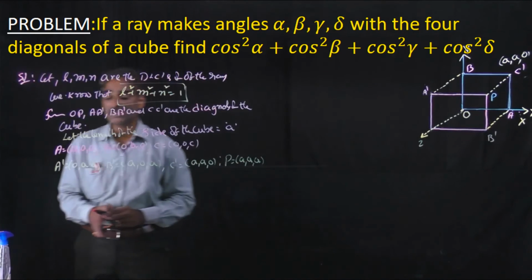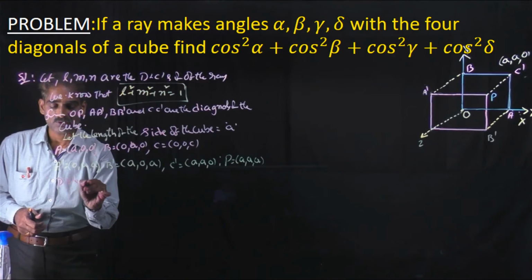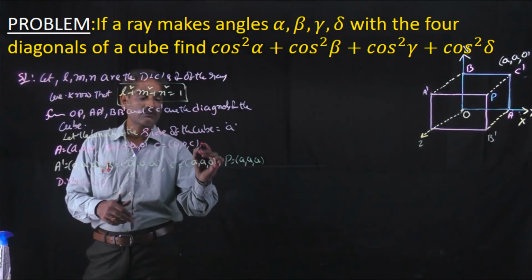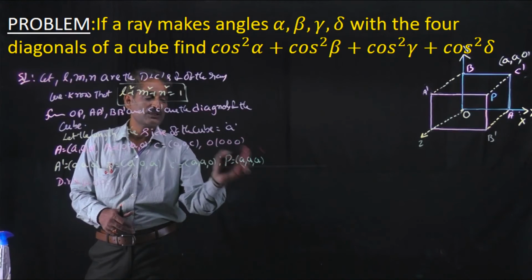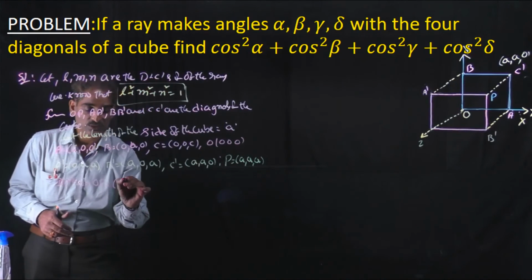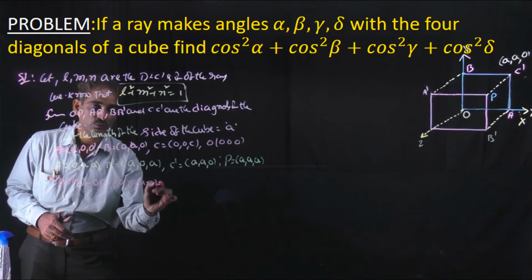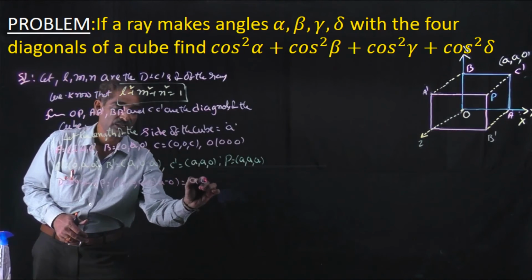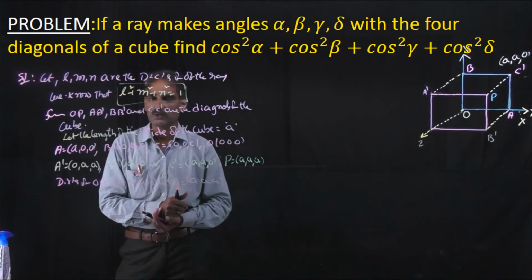Now write down the DRs of all the diagonals. Directly you can write the DRs of OP. DRs of OP: O means 0, 0, 0, and P means A, A, A. So A minus 0, A minus 0, A minus 0 are the DRs. That means A, A, A. Now find out the DCs of OP also.